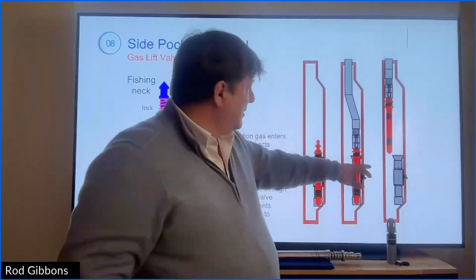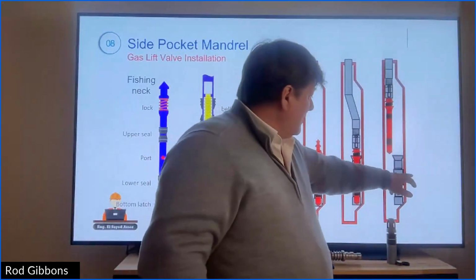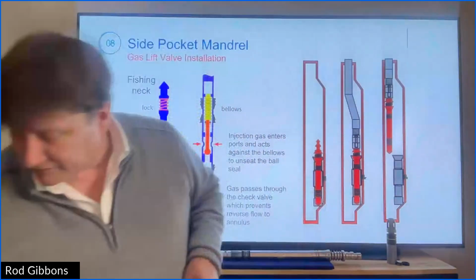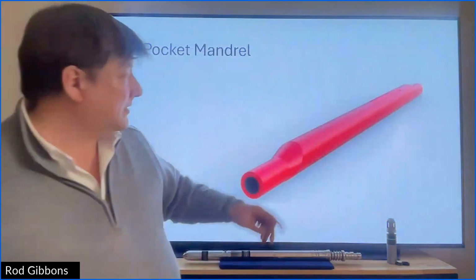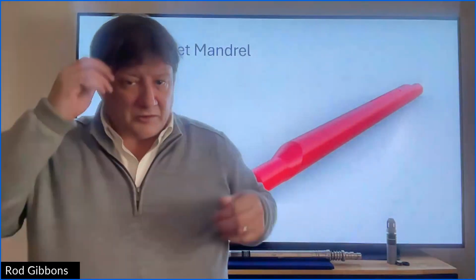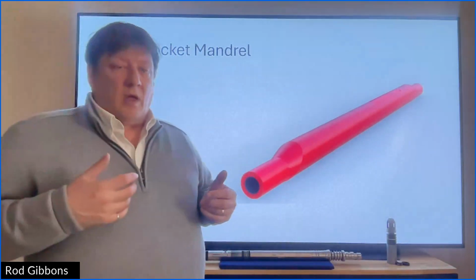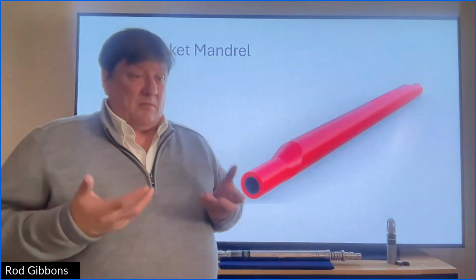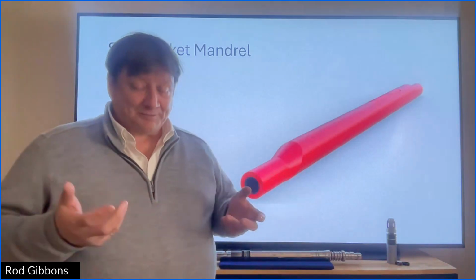So right here, this is a hole, and it's drilled in the mandrel, and you can sort of see it in this picture. There'll be like 3 holes drilled. So there's nothing to stop that communication.